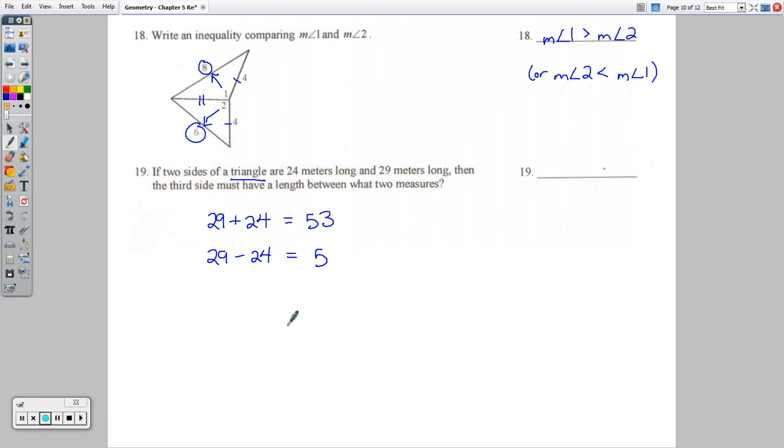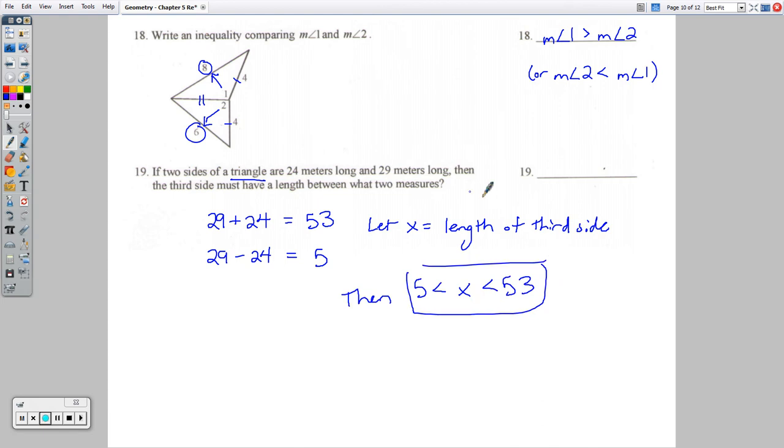And you could say x is the length of the third side. So I'll say let x equal the length of the third side. Then you would say that x is in between 5 and 53. So that would be your answer on that one.